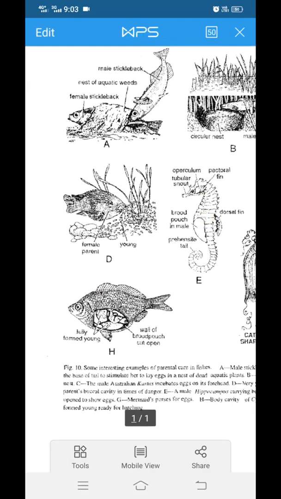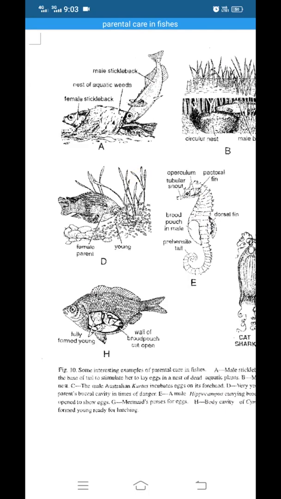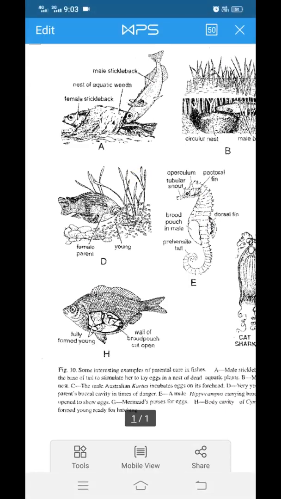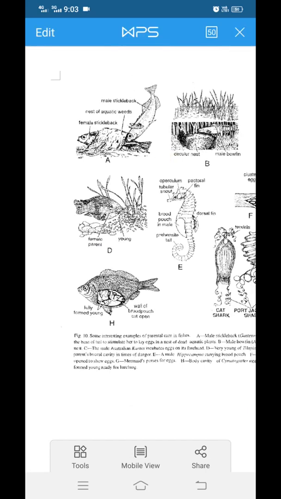Here in this diagram, you can see the male stickleback allowing the female stickleback to lay eggs in this tunnel of the nest. Another example is the bowfin, Amia calva, which is found in the Great Lakes of North America.